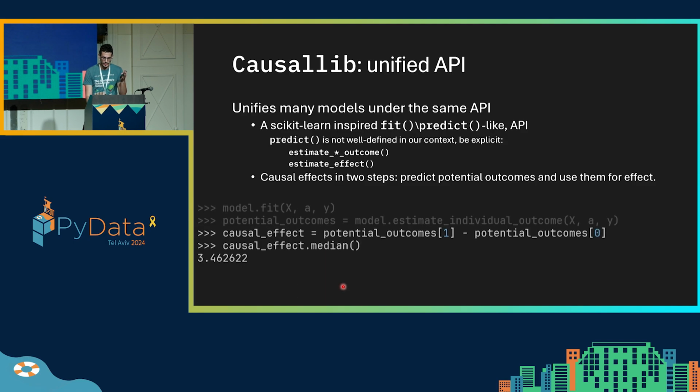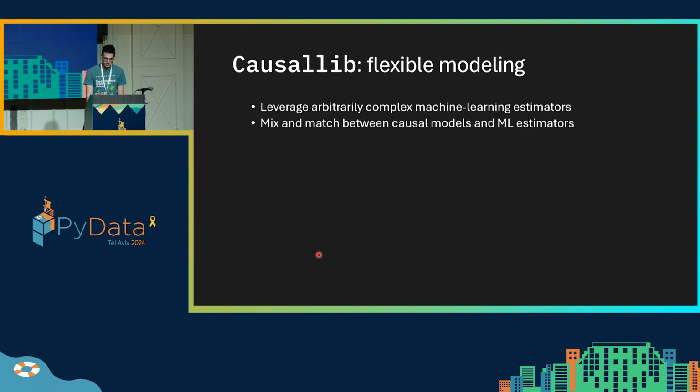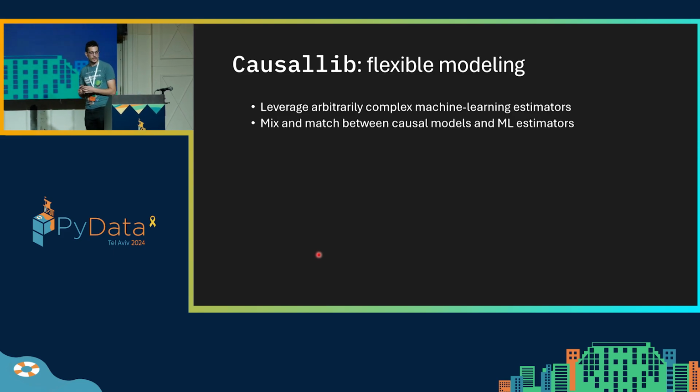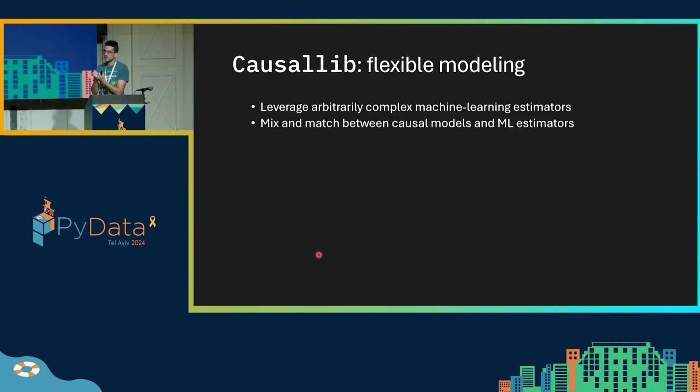And again, we can take any contrast between those two measures and even take any arbitrary aggregation on top of it. And where Causallib really shines is in its ability to do flexible modeling, to leverage arbitrarily complex machine learning estimators and mix and match between causal models and machine learning estimators.